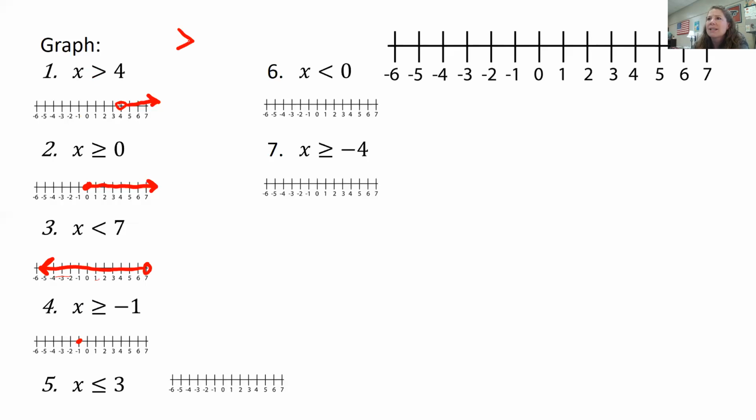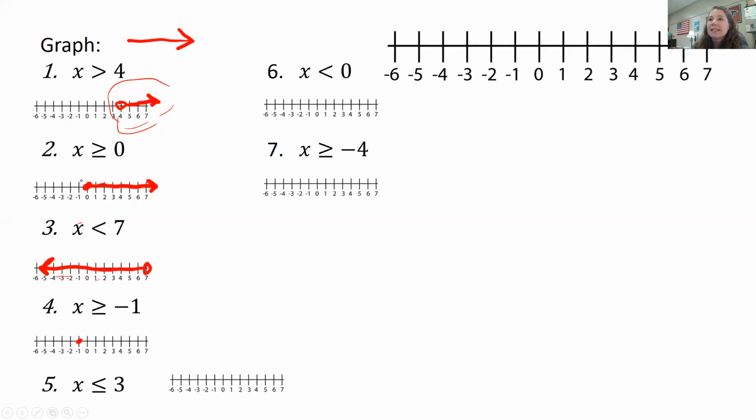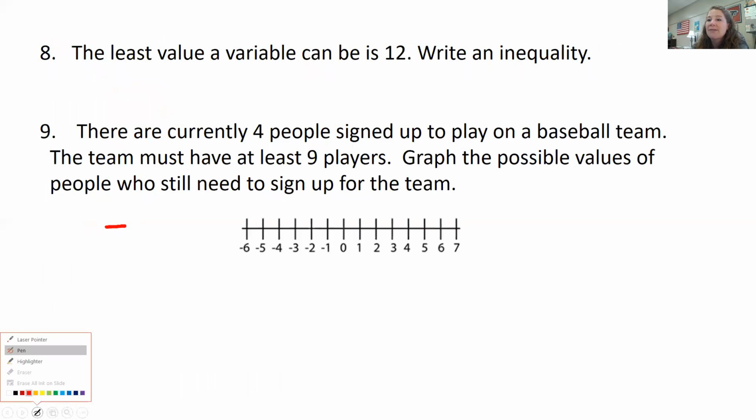So if I make that into an arrow, it looks like, oh, I have an arrow pointing to the right. Well, that's what's happening right here, right? Look at number 3. If I made this an arrow, wouldn't it be pointing to the left? Whoops. Oh, no. So number 3, my arrow is pointing to the left. Well, so does my inequality after I graph it.